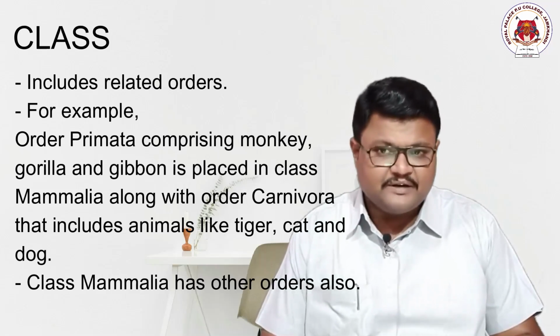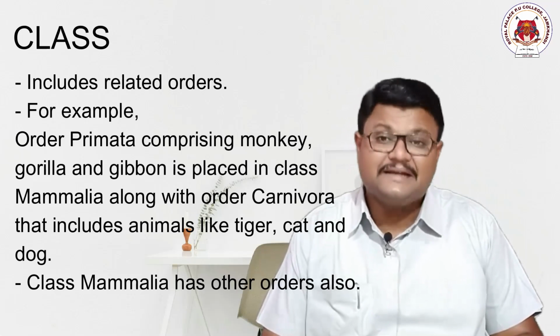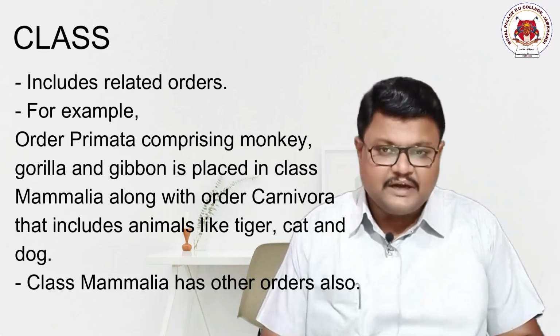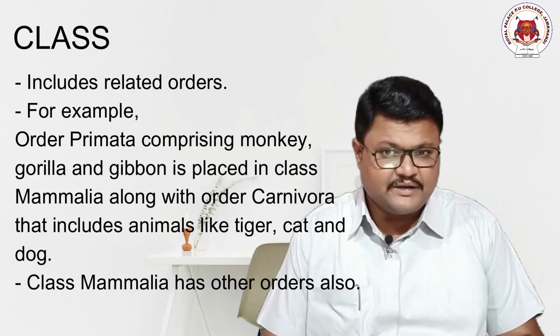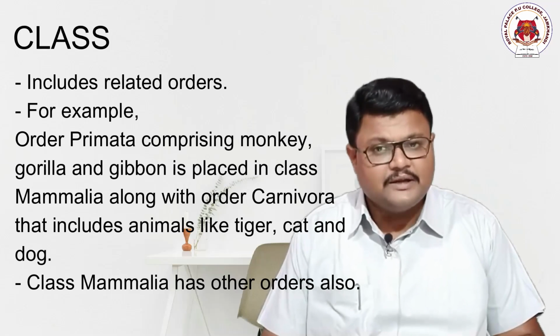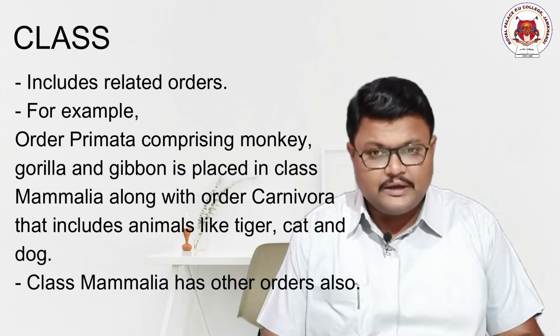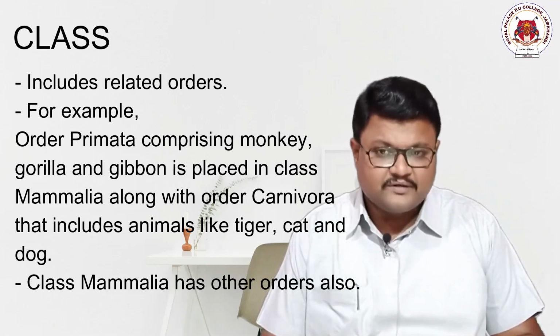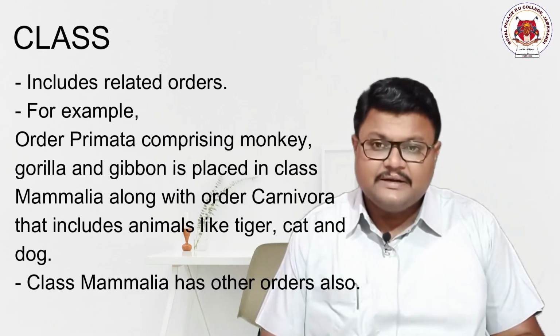All these are different organisms ordered into the class Mammalia. Along with this order Primata, it even includes another order called Carnivora, and the Carnivora includes examples such as the tiger, cat and dog.